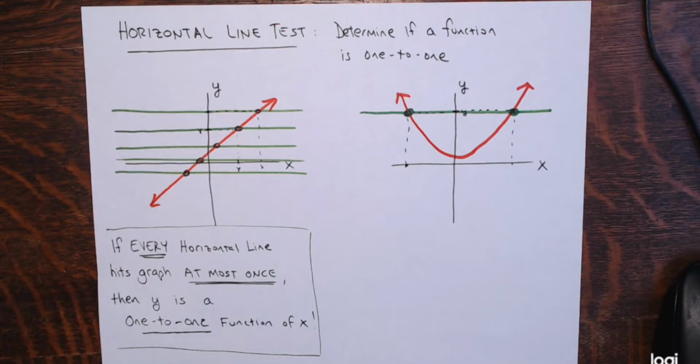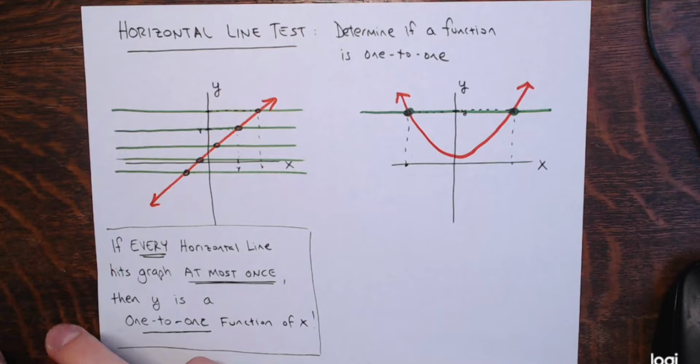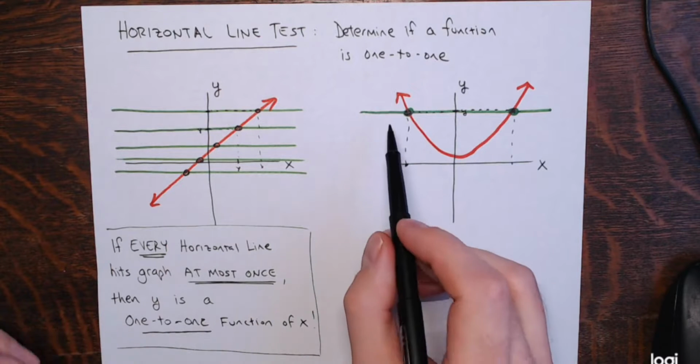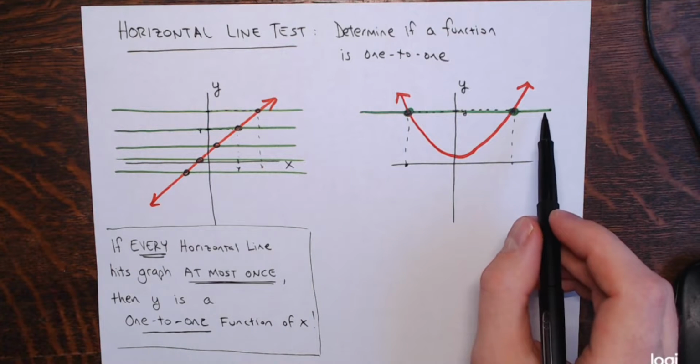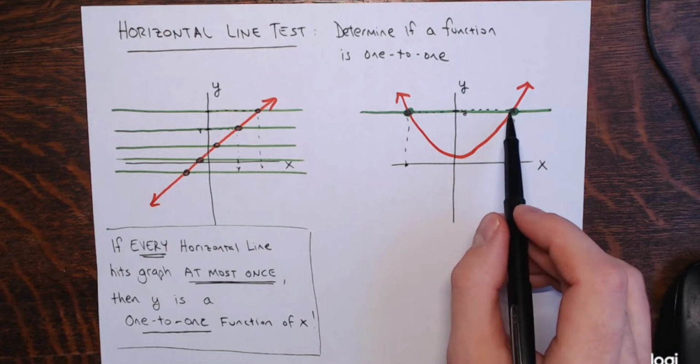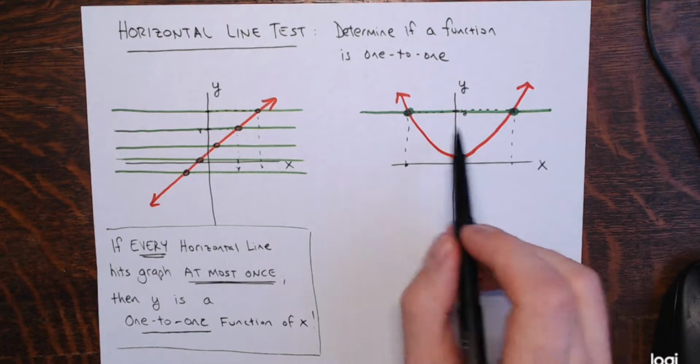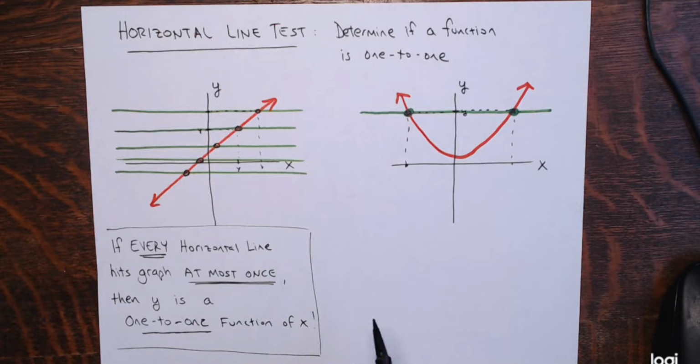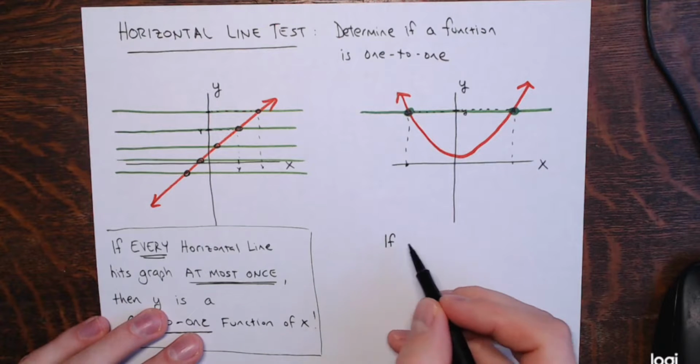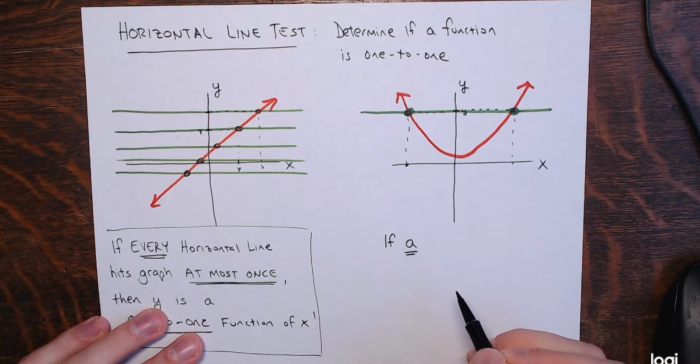And that's all you need to show that a function is not one-to-one. Just find one horizontal line, just one, that hits the graph more than once, and that tells me there's an output with more than one input going to it. All you need to do is find one.